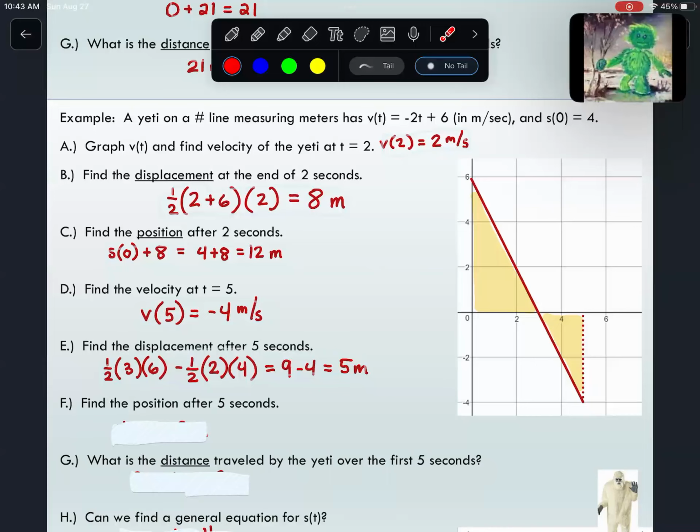So in a way, you can think of this area here not as an accumulation, but a decumulation. We're starting to lose some of the displacement we had already acquired as we move back towards where we started.